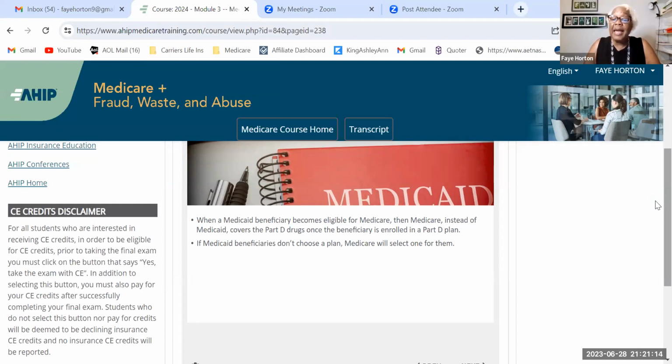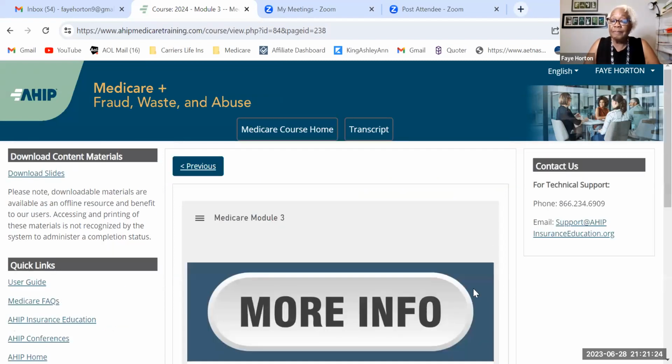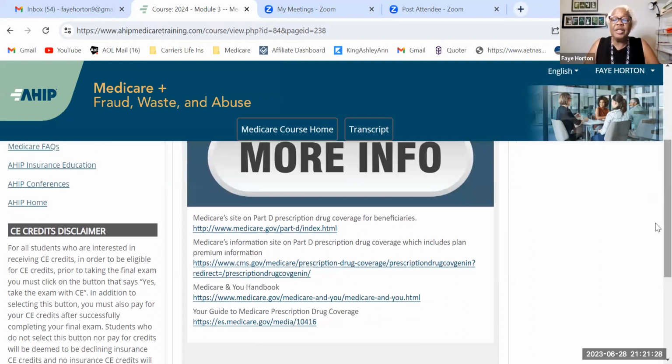So if the Medicaid beneficiary doesn't choose a plan, Medicare will select one for them. For more information, there's Medicare.gov, CMS.gov, the Medicare and You Handbook, and the Medicare.gov media/10416.